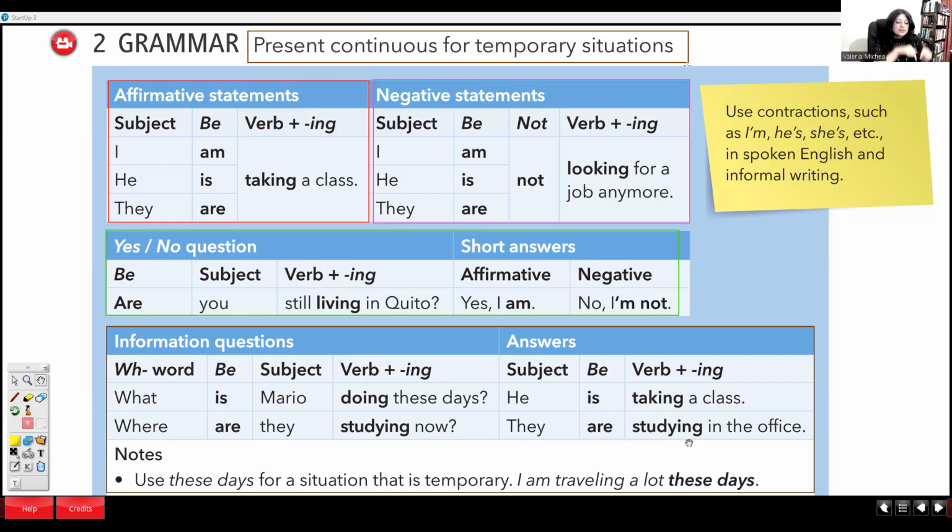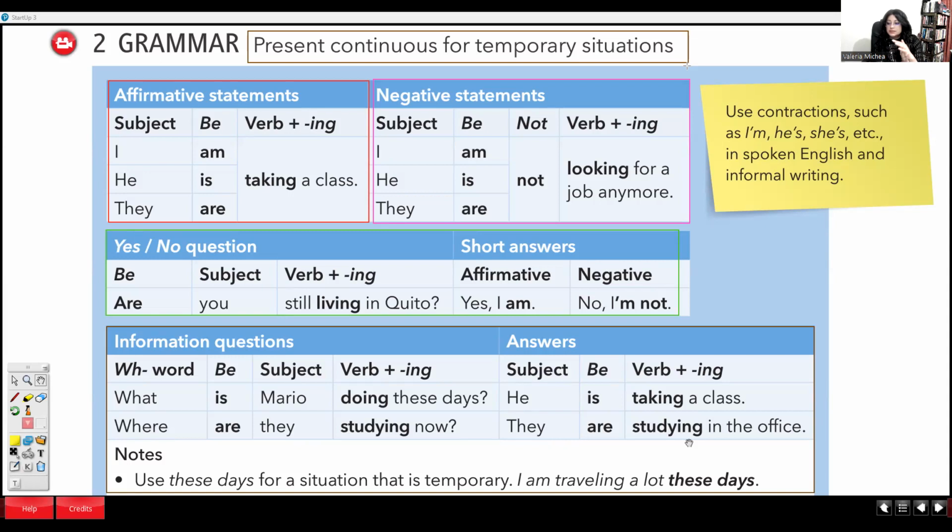Okay, so actions that are happening now, in the moment that we are speaking. These actions started in the past, but now in the present continue. They are in progress. That's why the present continuous sometimes is called present progressive, because it talks about actions that are in progress, actions that haven't finished, like this class.